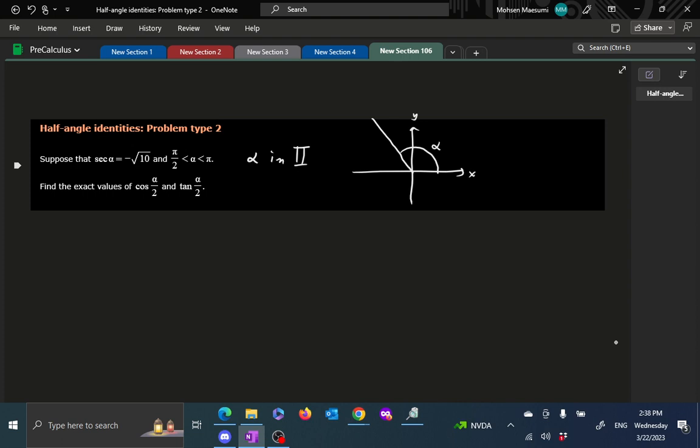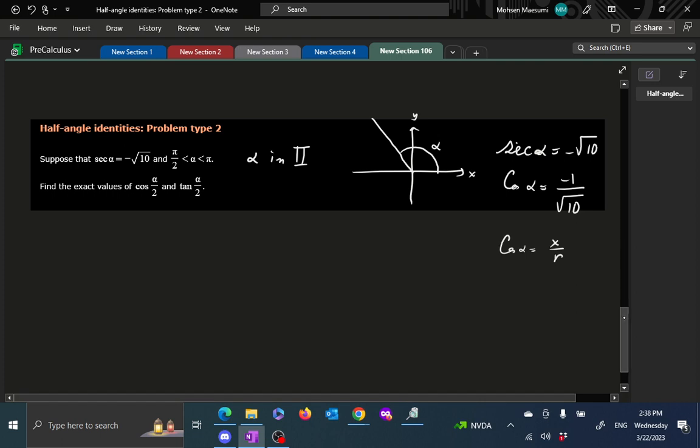Secant of alpha is minus radical 10. Well, what does that mean? It means cosine of alpha is minus 1 over radical 10. It's a reciprocal of this.